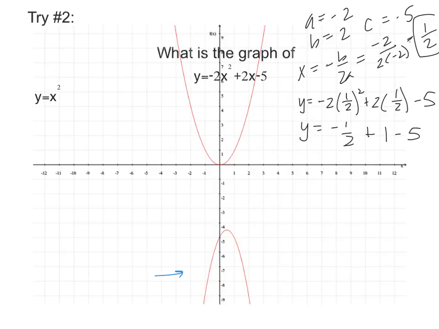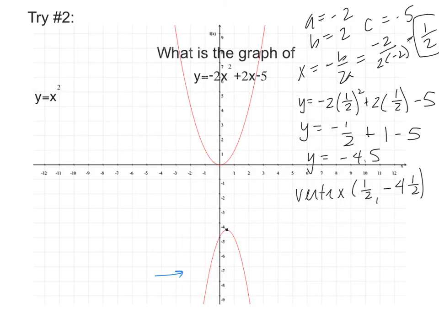So -1/2 plus 1 is 1/2, and then 1/2 minus 5 should be -4.5. And if we can see, that is exactly what we got right there as our vertex. So our vertex is (1/2, -4 and 1/2).